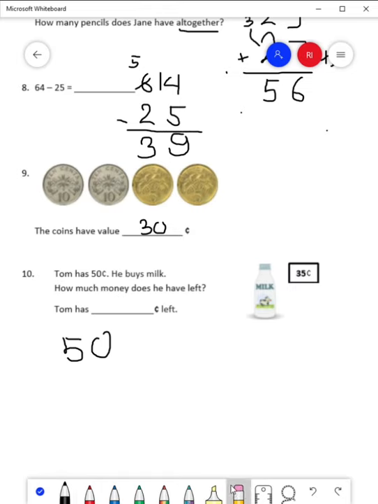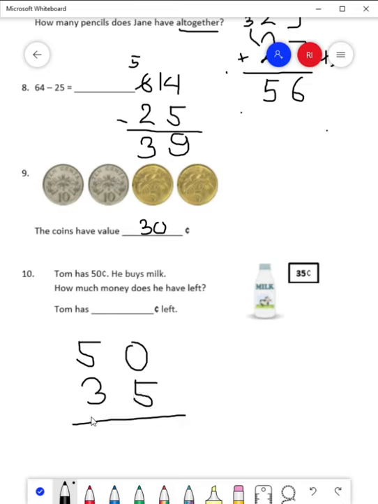minus, okay, we write here 50 minus 35. Okay, so now let's subtract the ones. The ones is 0 and 5. 0 minus 5, we cannot subtract 0 and 5.